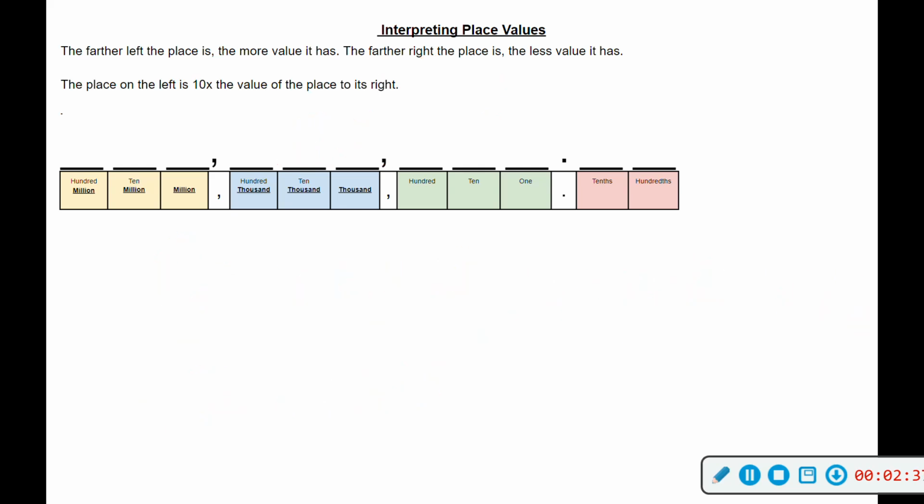So the place that's on the left is always going to be 10 times the value of the place to its right. For example, if I had a 1 in the hundreds place and a 1 in the tens place, this 100 is 10 times the amount of that tens place.